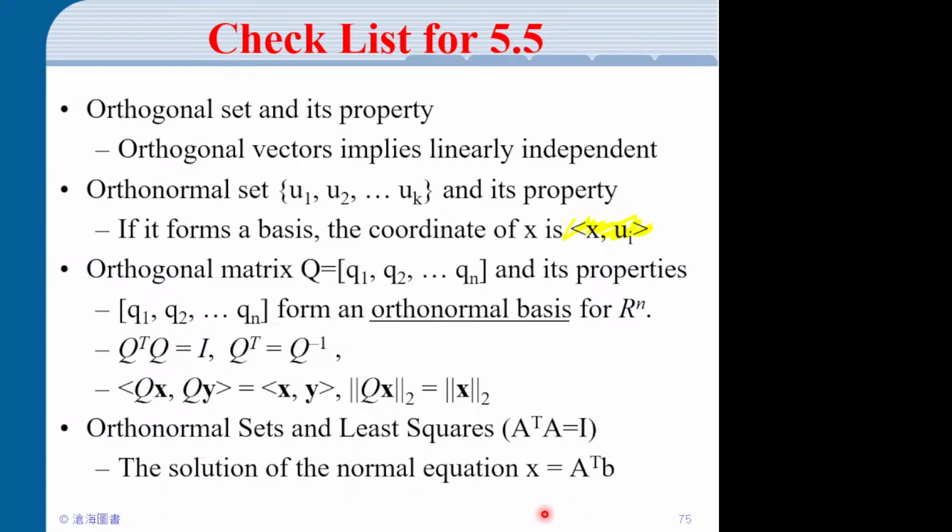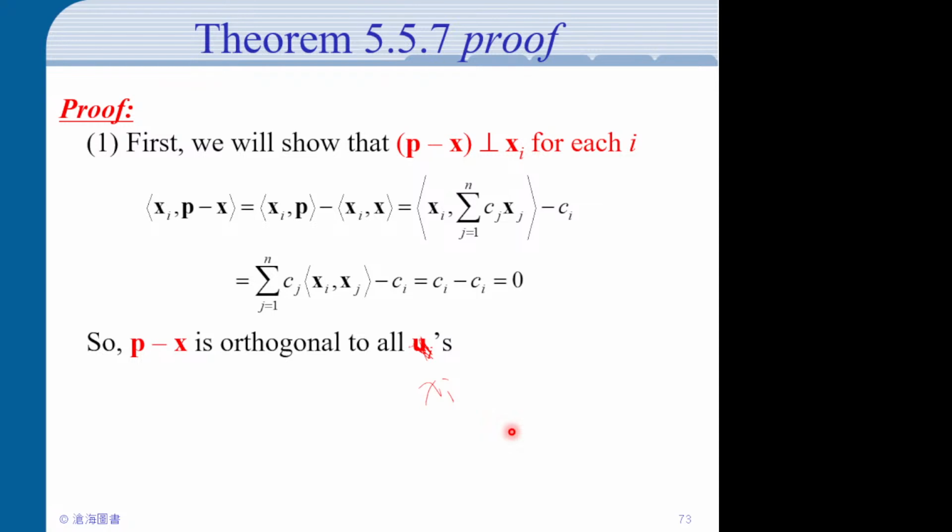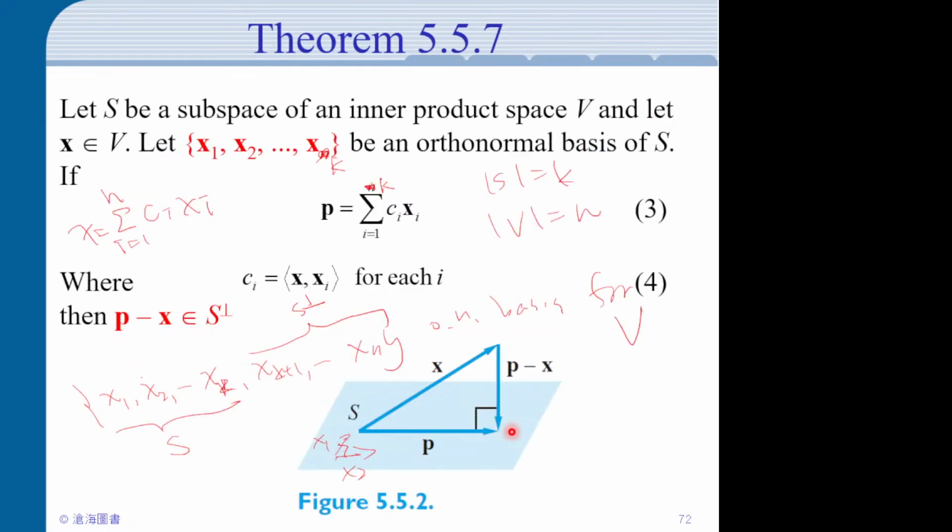If the columns of A are an orthonormal set, then A^T A will equal the identity, so x is just equal to A^T b. And if you have an orthonormal basis, then projection onto your subspace is easy, because you can calculate the projection onto all the basis elements and just sum over those projections, and it will be the projection of your x onto your space.